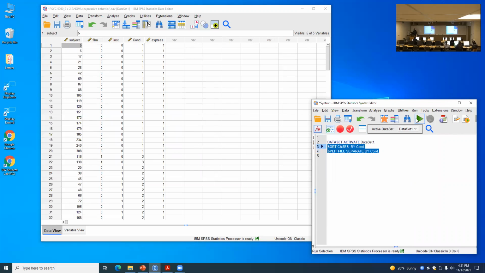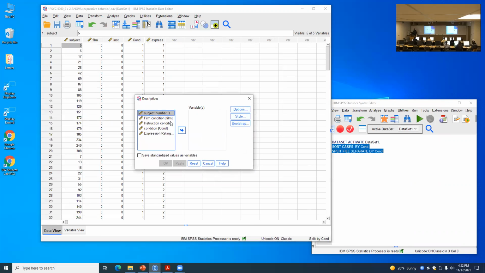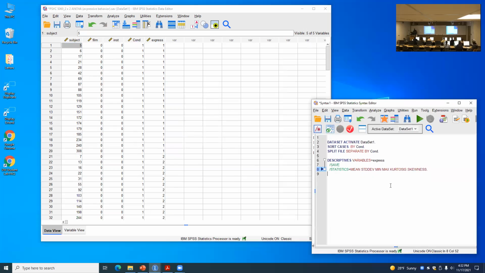We go through a split file, and then we're going to analyze descriptives, and then I'm just going to get my descriptives, right? Just have expression rating. That's my only outcome. Okay. But I'm going to save z-scores for this, right? And options, ask for skew and kurtosis here, continue, and then go through and paste.